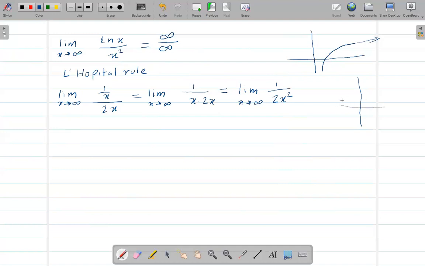The shape of the x squared graph is like this, right? So when x goes to infinity, then 1 over 2x squared is going towards 0 on the y-axis. So this is 0.